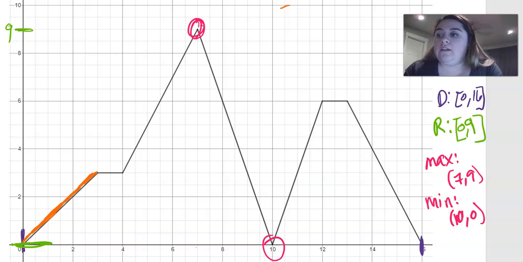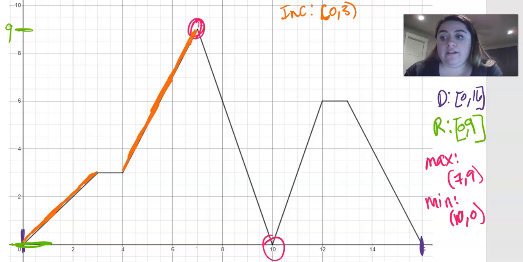So I'm going to increase from 0 to 3. Is that the only spot where I'm increasing? No, it's not. I've got a couple of places where I'm increasing. From 3 to 4, nothing's really happening. But from 4 to 7, and you'll notice I'm using the x values and not the y values because we always use the x, I am increasing in value.